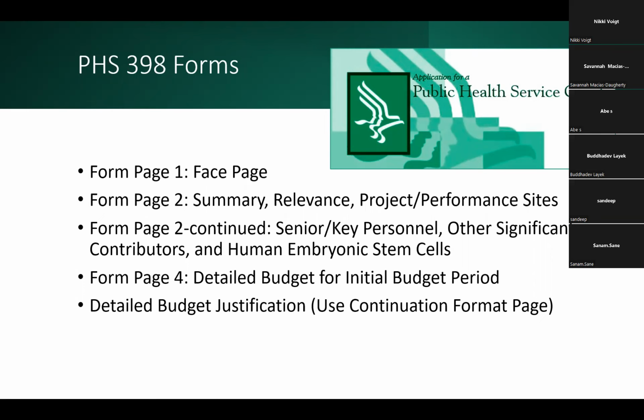And then you start to become a little more detailed in these pages. You have your summary, relevance, project performance sites. You list all of your key personnel and significant contributors. You go into your budget as well, and then a detailed budget justification. And these forms are all available on NIH's site that is also listed on this next slide.